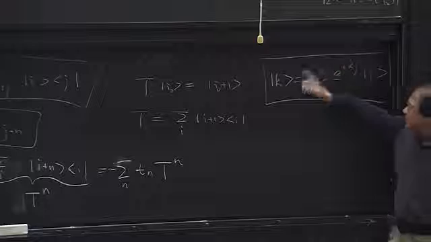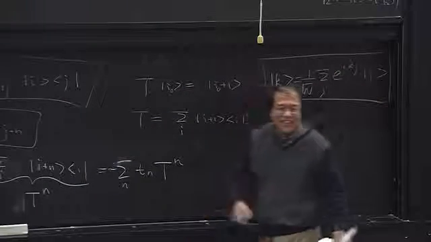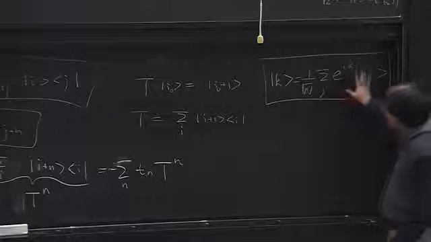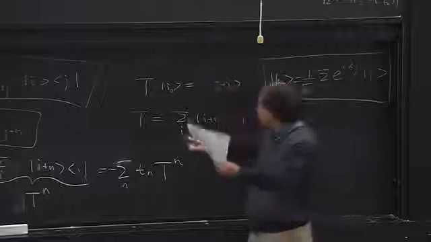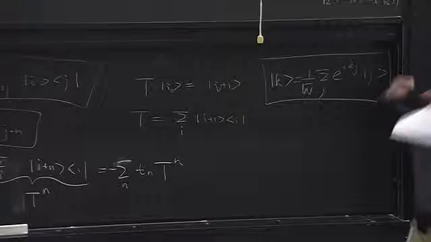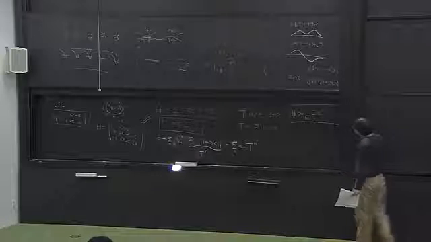And this j is my original label, which labels sites. It's a very bad notation, but anyway. N is the total number of sites, so this is just a normalization factor.